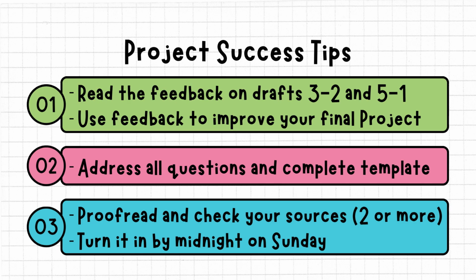So one for the perspective and one for your example or the topic that you chose to write about. After you've put that all together, turn it in by midnight on Sunday, and then you are done for the week. There are no discussions required this week, so you can just focus on making your project as strong as you can.